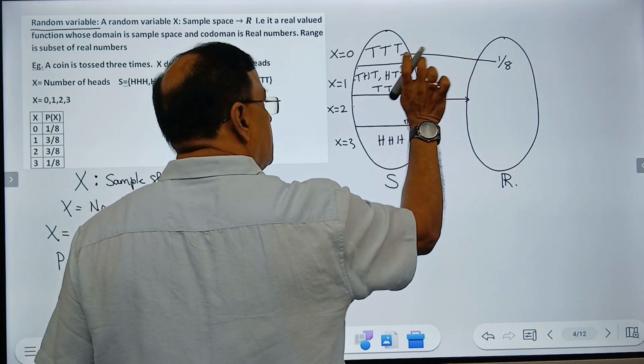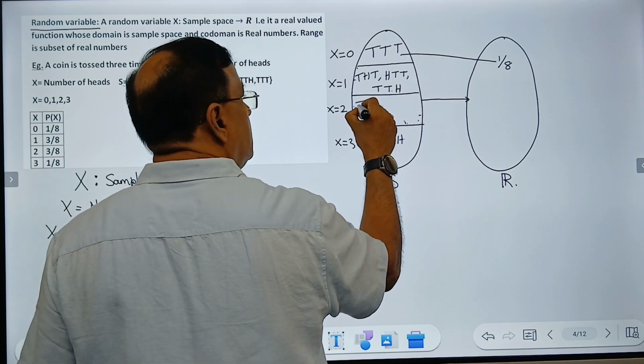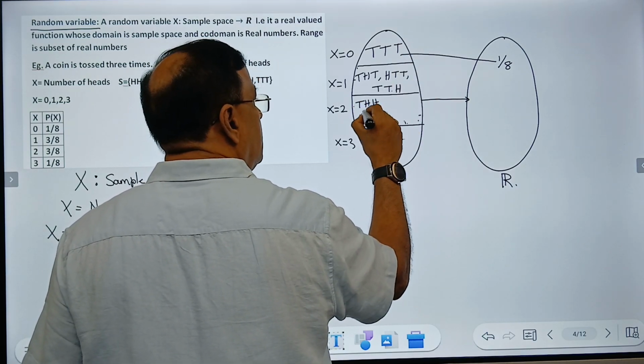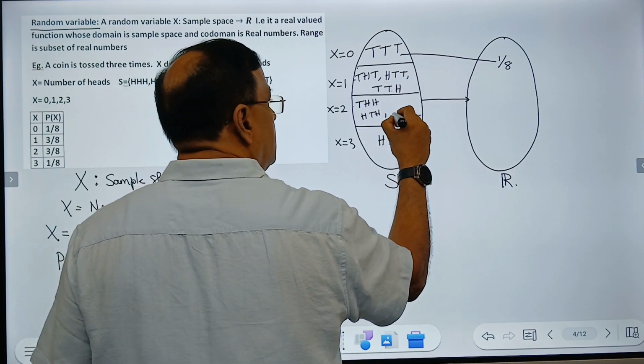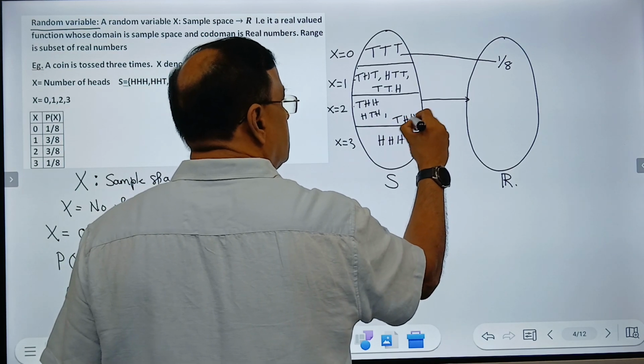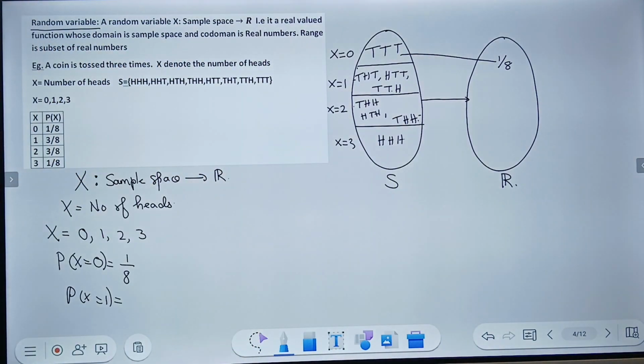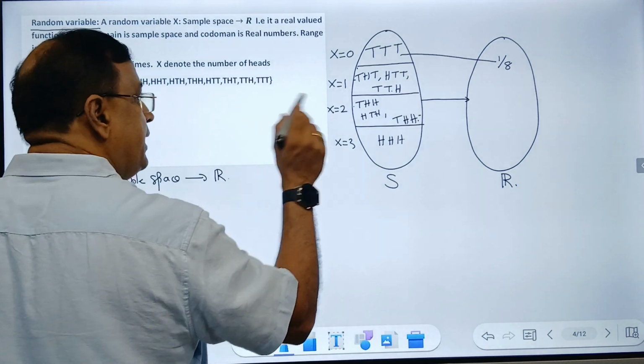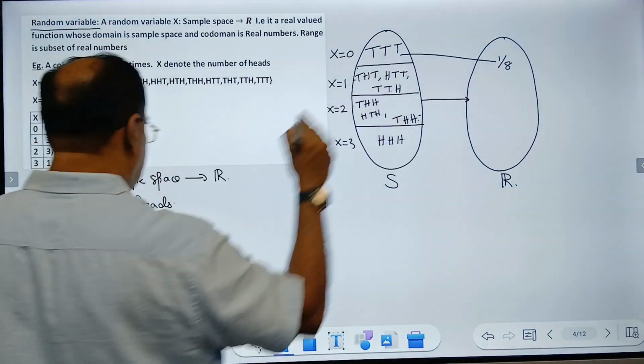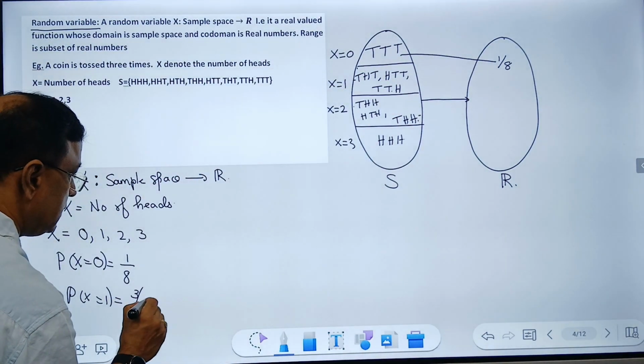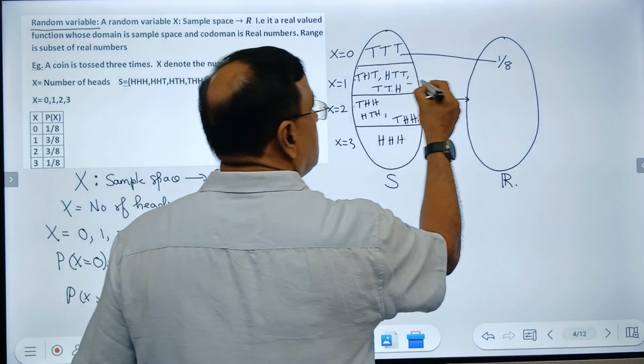You see, I'll make this as two head: tail, head, head, head, tail, head, tail, head, head. Now I think there's no confusion. Now when it is one head, that is 1, 2, 3, it will go to 3 by 8.